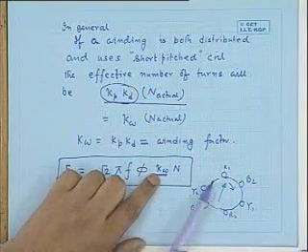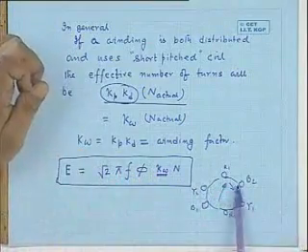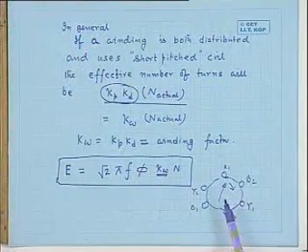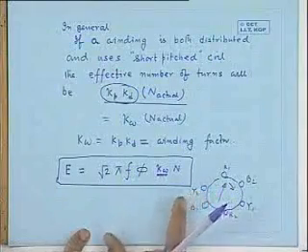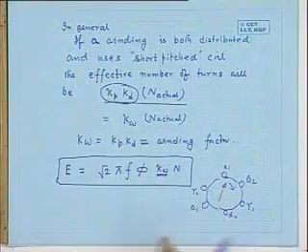But here, do you think I should take into account Kw? Kw is 1 here, because there is a single coil in the R phase, and in the B phase also there is a single coil. Now, in an actual three-phase winding, which I will take up after a few lectures, you will find even the R-phase coils will be distributed in space. In large three-phase machines, you will not find only a single coil in the R phase.